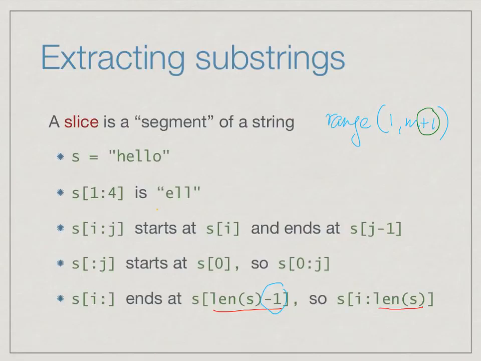It is much more convenient to just say length of S and implicitly assume that it should not go to length of S, but length of S minus 1. So this whole confusion, if you would like to call it that, about the fact that all ranges in Python end one short of the right hand side of the range, stems from the fact that you very often want to run from something to the length of it in a list or a sequence or a string. And when you say that, you don't want to have to keep remembering to say minus 1.